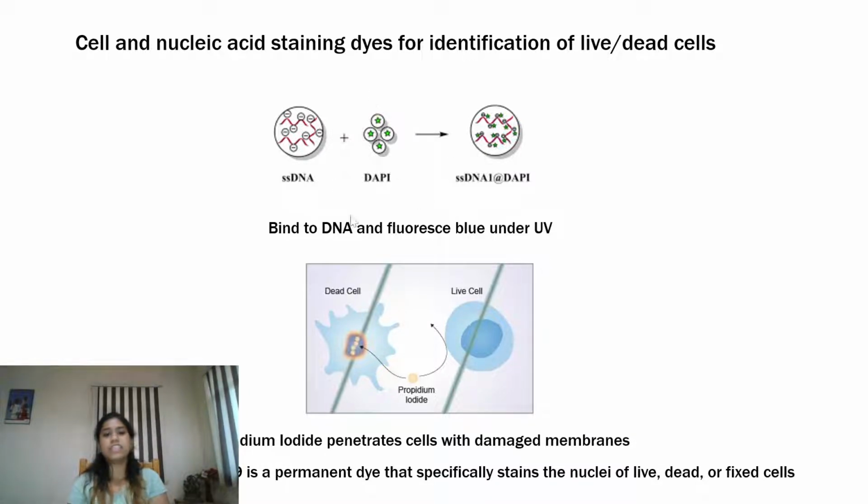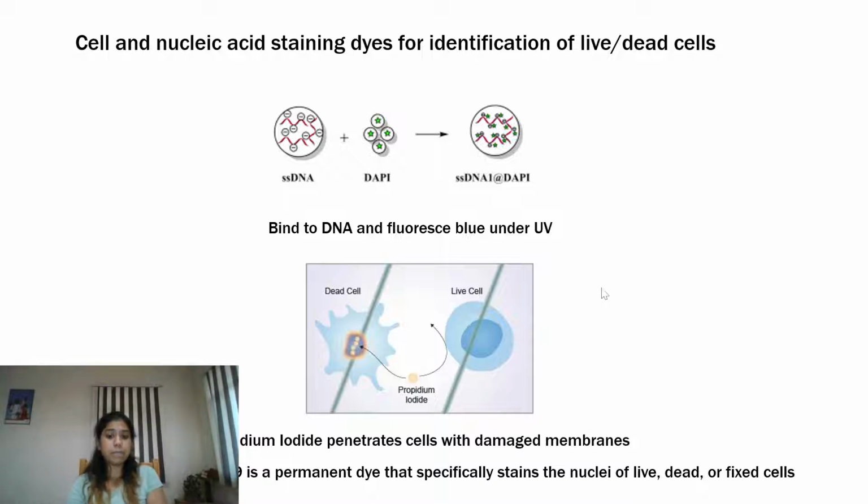So this is a positive stain, and it gets attracted to the negative charge of the DNA. And that's how, when we give the particular excitation, and if we look at the particular emission wavelength, we'll be able to see the DAPI staining for the nuclei. So DAPI basically stains the nuclei, and if it can penetrate through the cells and if it stains the nuclei, then we can know that the cell is dead.